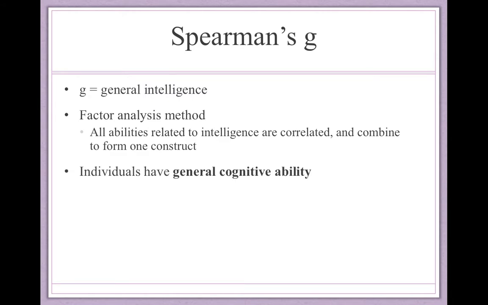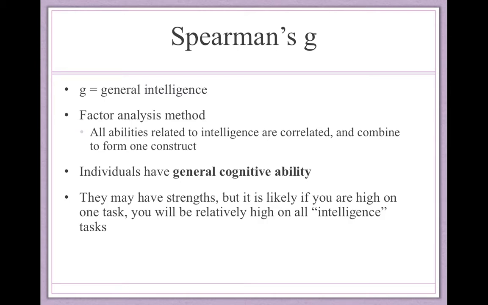If you are good at one sort of ability, it's more likely that you will be better at another ability as well. And your total skills at all of these abilities form how intelligent you are.